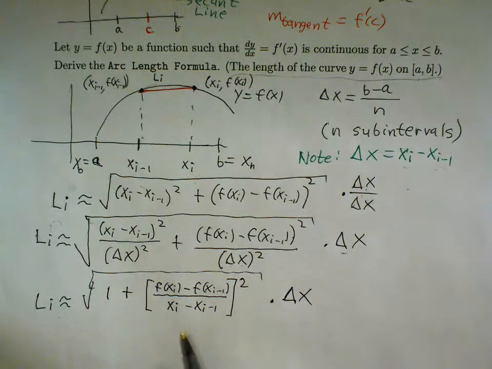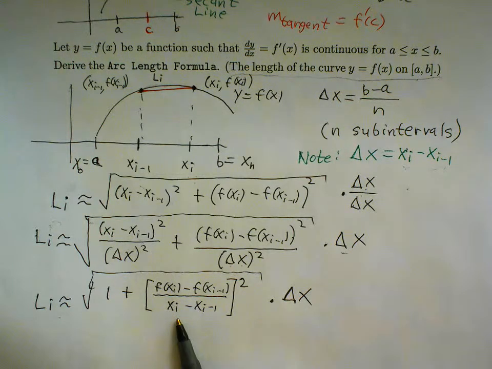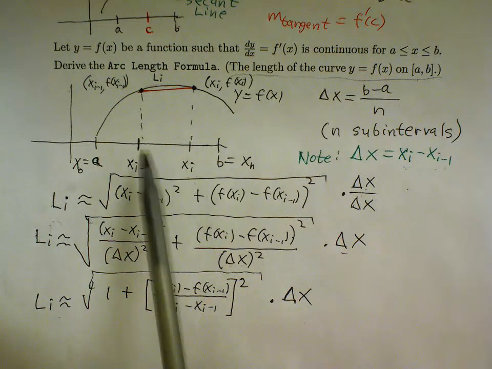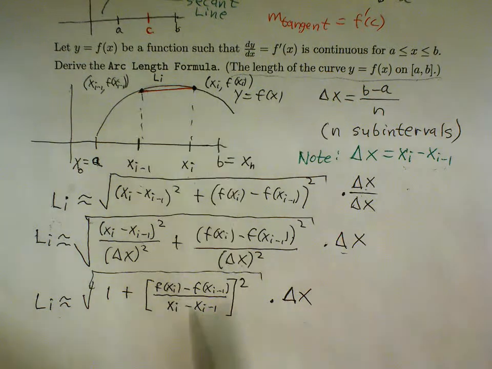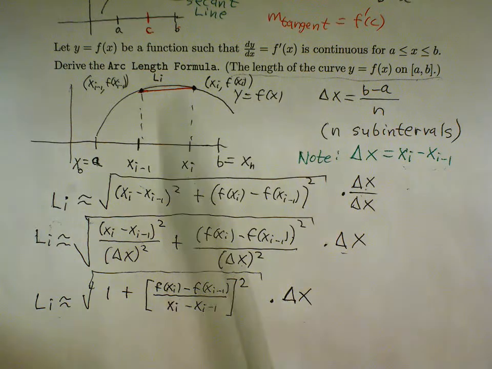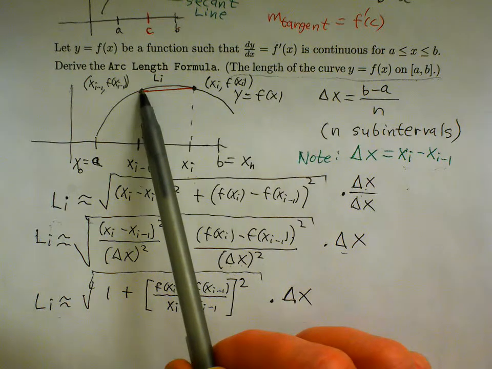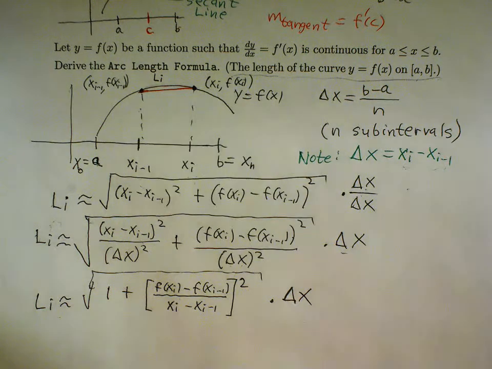Okay, now we apply the mean value theorem. Notice inside the square root, inside the brackets, we have the average rate of change on the interval from x sub I minus 1 to x sub I. In other words, inside the bracket, we have the slope of the line that connects those 2 points on the graph of f of x.